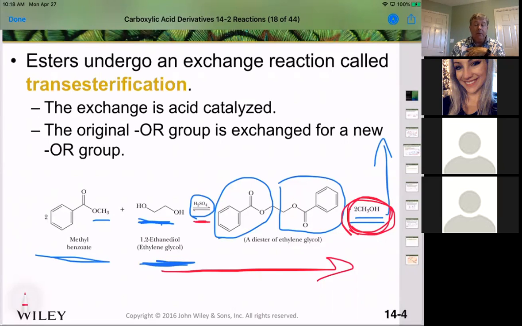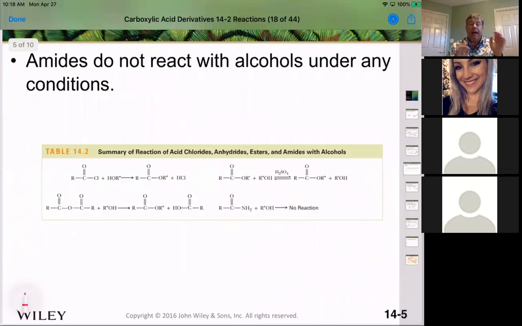But it still is in equilibrium, so if you add more of the alcohol, it will go back, okay? So technically we're converting an ester to an ester, but we're kind of tricking the equilibrium to make it exchange. And as we said with conversions here, amides do not react with alcohols under any conditions. You cannot make that happen, okay?